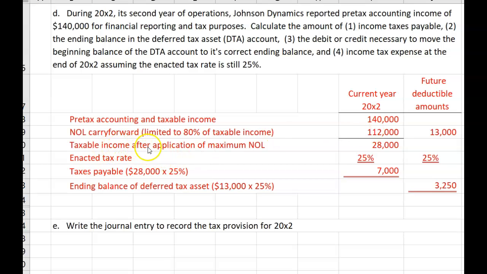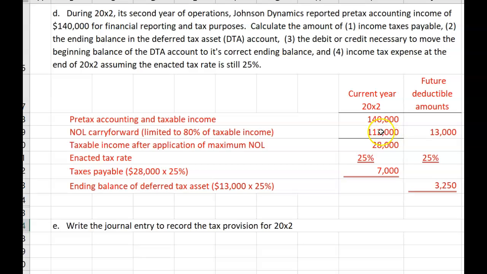That means taxable income after the application of the maximum NOL is $28,000 times the 25% enacted tax rate equals income taxes payable of $7,000. $28,000 times 25% equals $7,000.